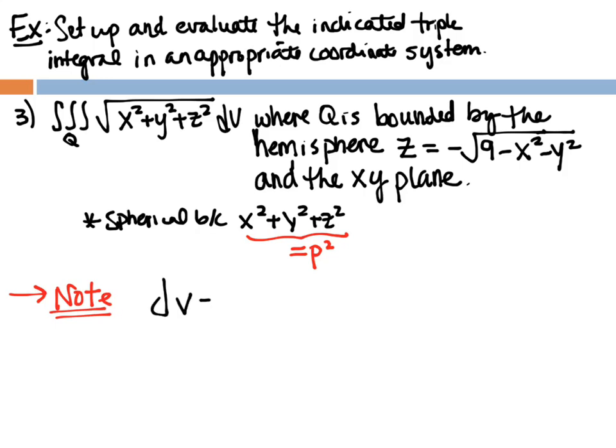We actually end up with rho squared times sine of phi, and then it's d rho, d phi, d theta. And if you'll notice right here, previously this had just said r, right? And what is r in this coordinate system?